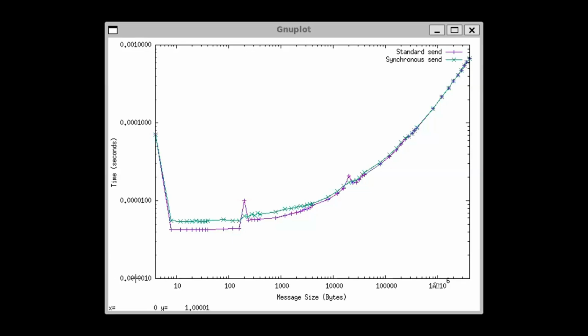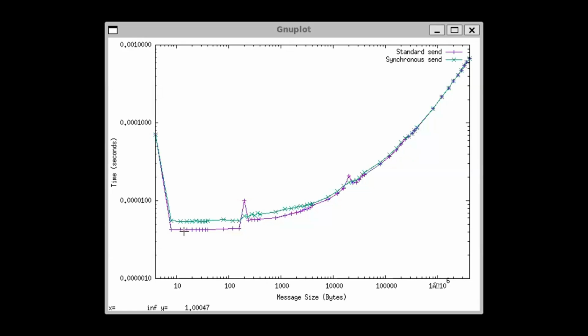That's a microsecond there. So that's about the latency, standard send is about 4. So that's a useful thing to know. It takes about 3 or 4 microseconds to do anything between different nodes.